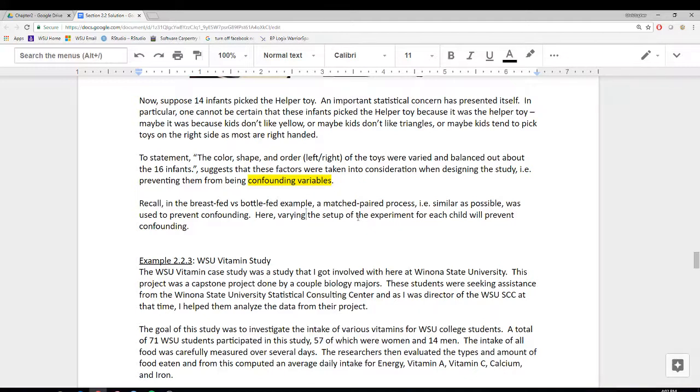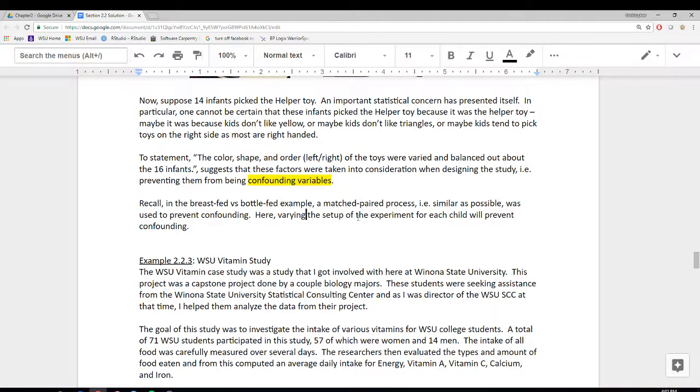In that case study, we talked about the matched paired process that was used. In other words, they tried to identify variables that were important to ear infection, and then they matched on those variables. In this particular study, they did that to prevent confounding.